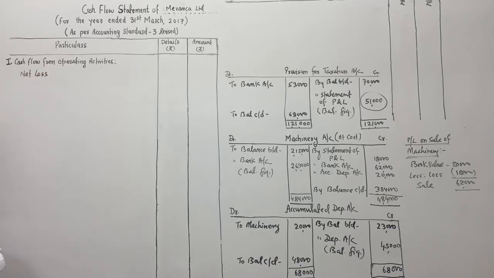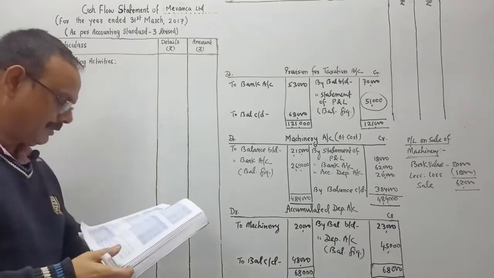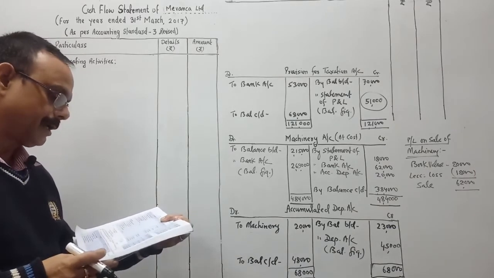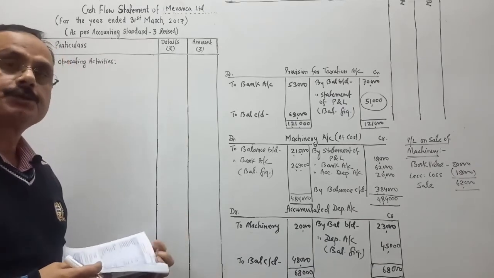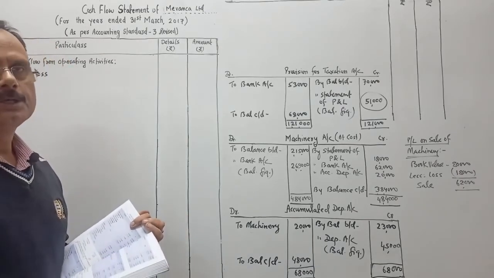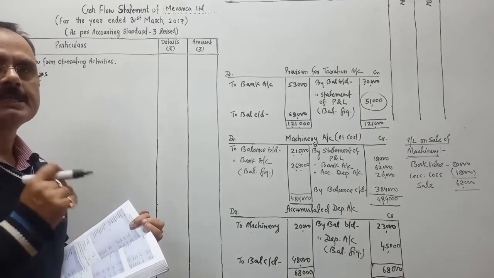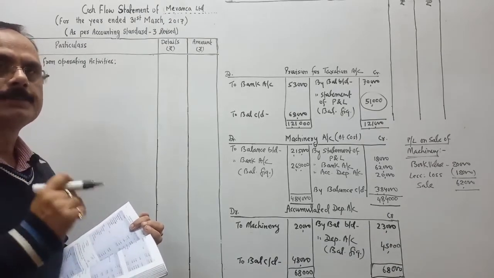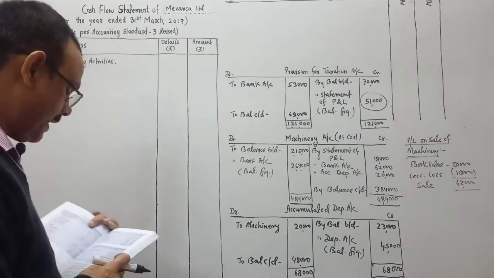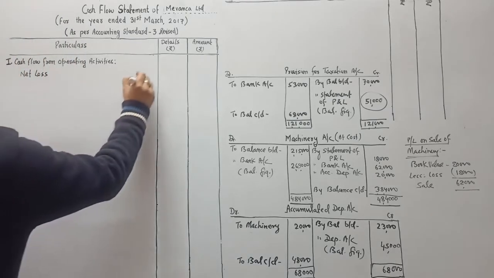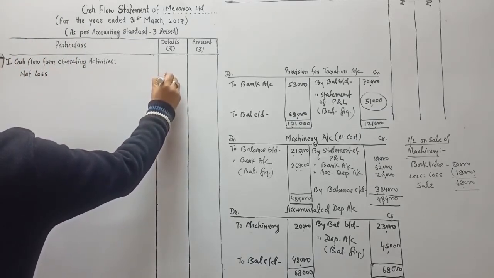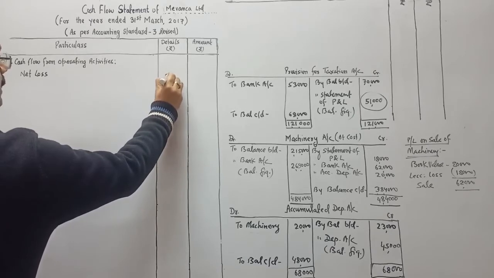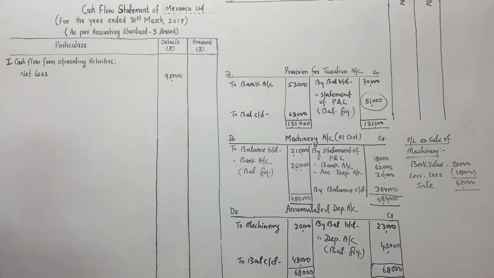The difference from 1,20,000 to 25,000, so it is reduced by how much amount? It is reduced by 95,000. Is it clear? It is reduced by 95,000. So it's a net loss.